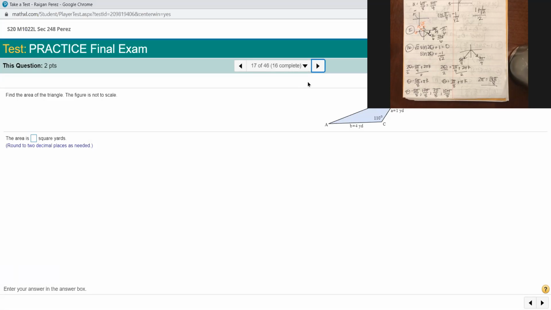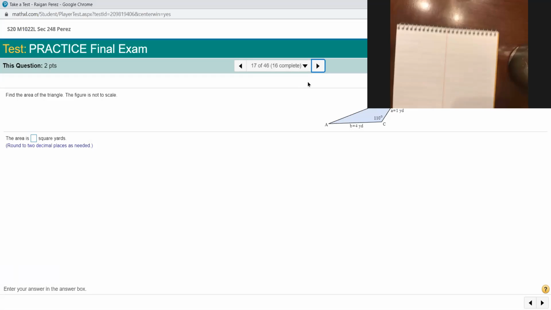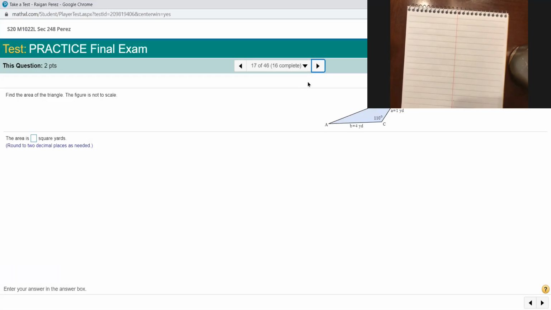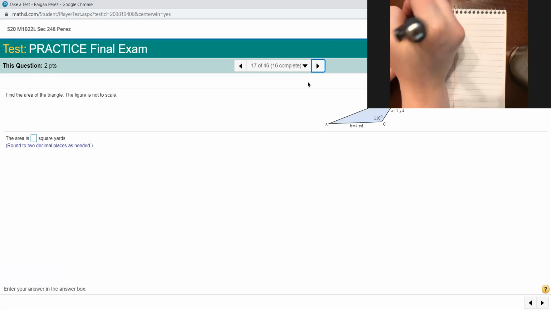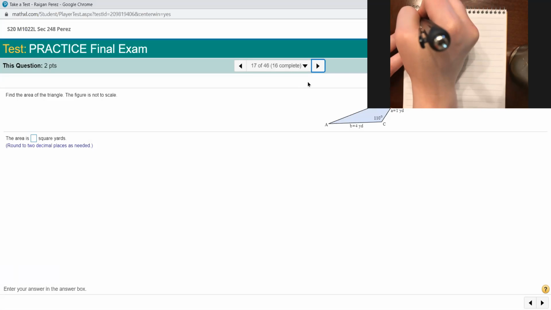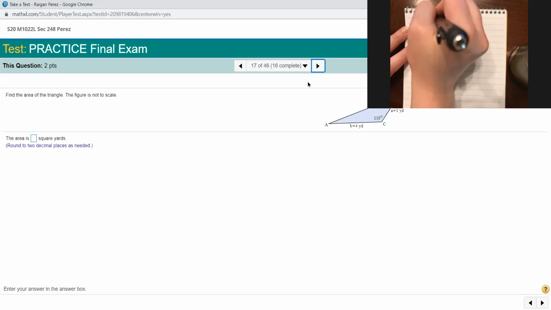Okay, find the area of the triangle. So this we got to use that area formula. Okay, so area is equal to 1/2 b times c. I don't know if it's cosine of it.